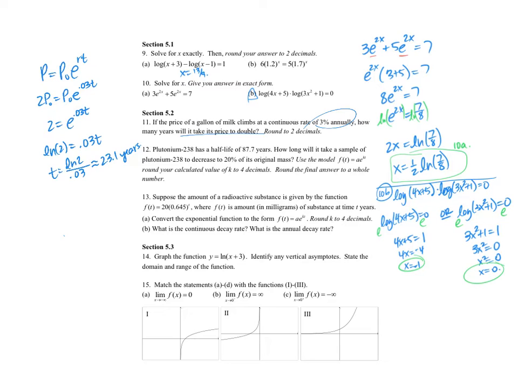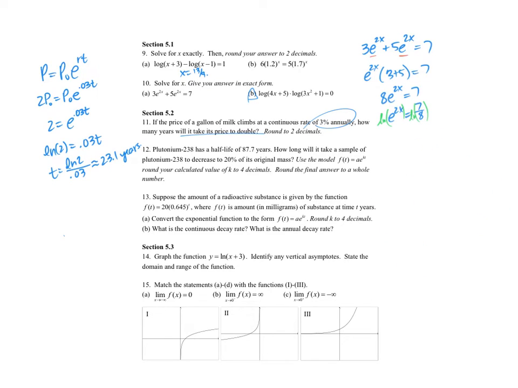Okay. Next one, plutonium has a half-life of 87.7 years. How long will it take a sample of plutonium to decrease to 20% of its original mass? So again, I'm setting this up. f of t equals A e to the kt. I know 87.7 years is the half-life.